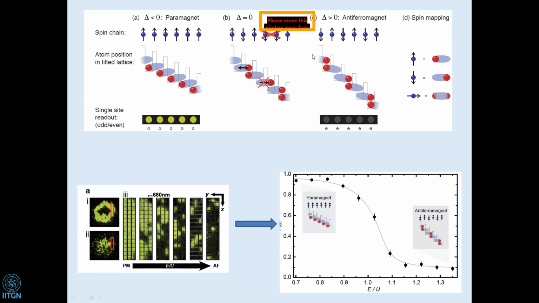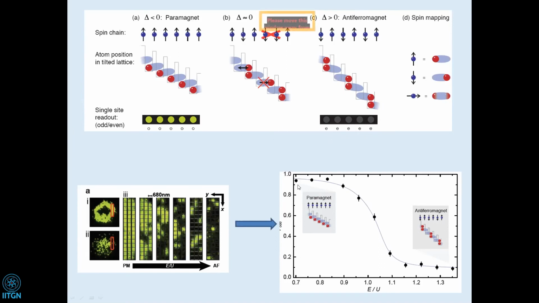So if the tilt is large, they get this all empty state, and if the tilt is small, they get this all occupied state. And more importantly, they can move from one to another and back. Okay, so they can tune between this paramagnet and antiferromagnet in their language states, maintaining coherence in the system.